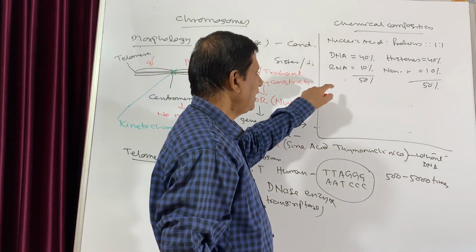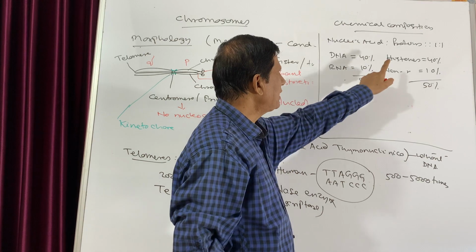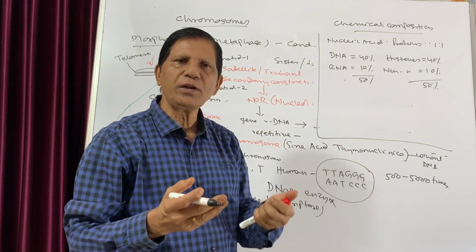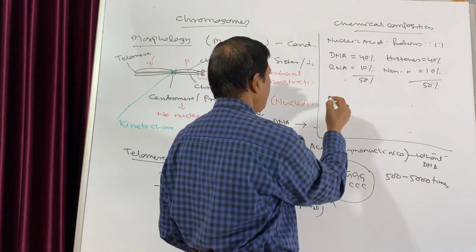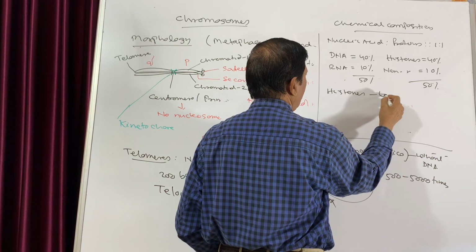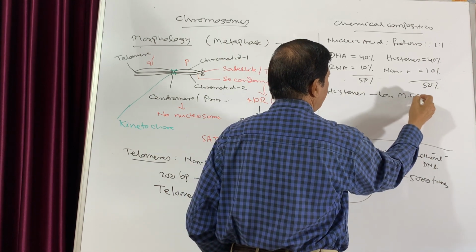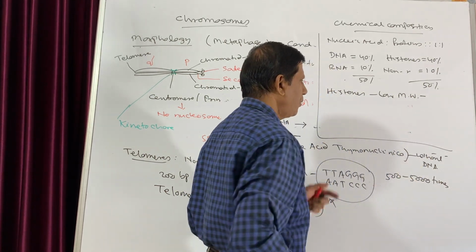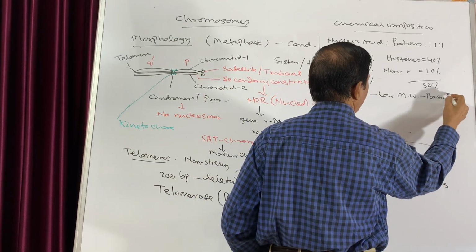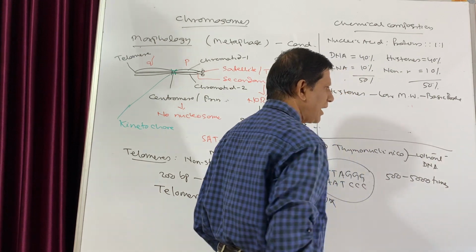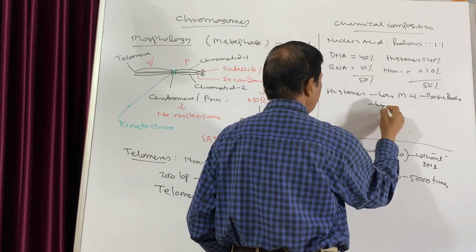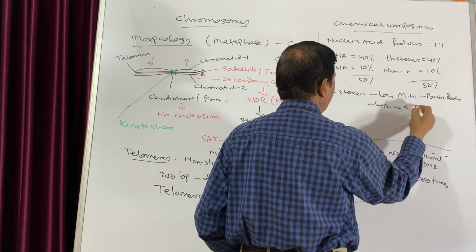Now, what is the importance of these basic histone proteins? Histones are low molecular weight basic proteins, and they are rich in two amino acids, lysine and arginine.